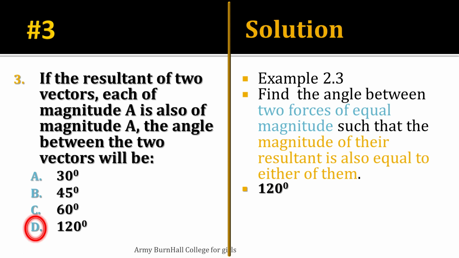The angle between those two vectors should be 120 degrees. If you have two forces of equal magnitude such that the magnitude of the resultant is also equal to either of them, you have to learn this value.